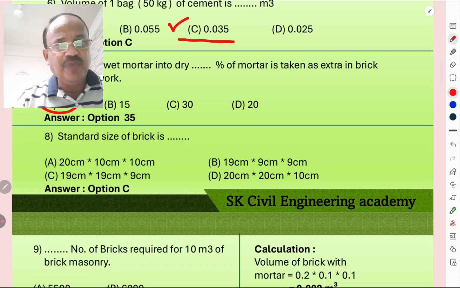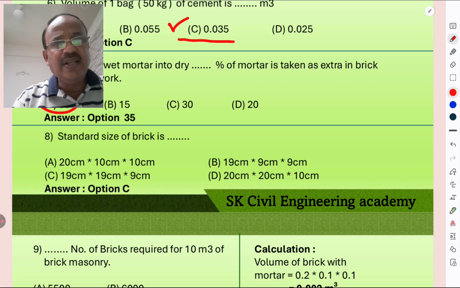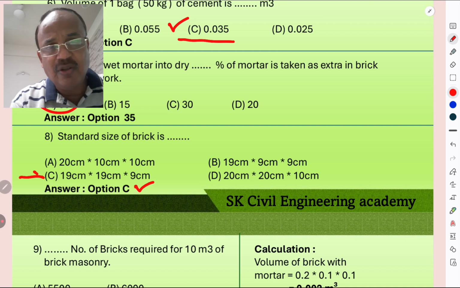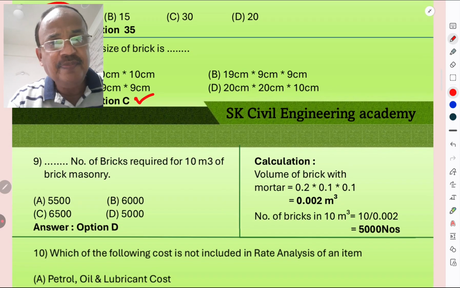Standard size of brick is 20 by 10 by 10 centimeter, or 19 by 9 by 9 centimeter, or 19 by 19 by 9 centimeter, or 20 by 20 by 10 centimeter. It is 19 by 19 by 9 centimeter. So option C is the most appropriate answer.